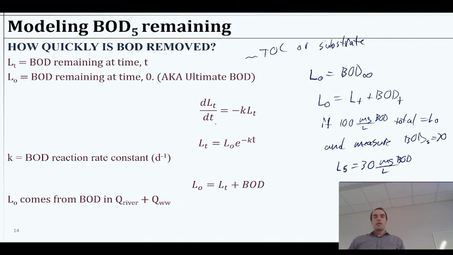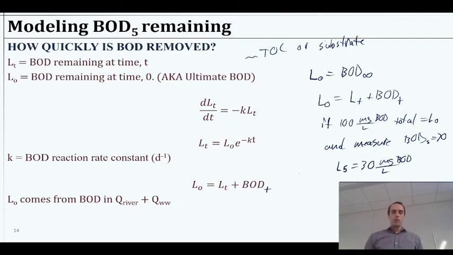So then we can integrate that and get Lt equals L naught times e to the minus kt. So we've done that hundreds of times, where k is the BOD reaction rate constant, per day. And like I said, L naught is Lt plus BOD at some time t. So L naught, really, we define that as what happens as soon as we mix the wastewater with the river water.